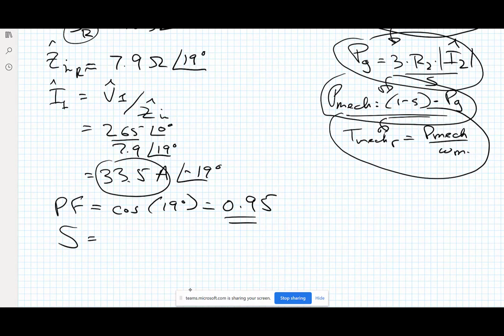That's going to be square root of 3, 460, 33.5. Now, I'm going to just finish this. I know I went over, but I think it might be helpful for you all to see this. That's 27 kVA.